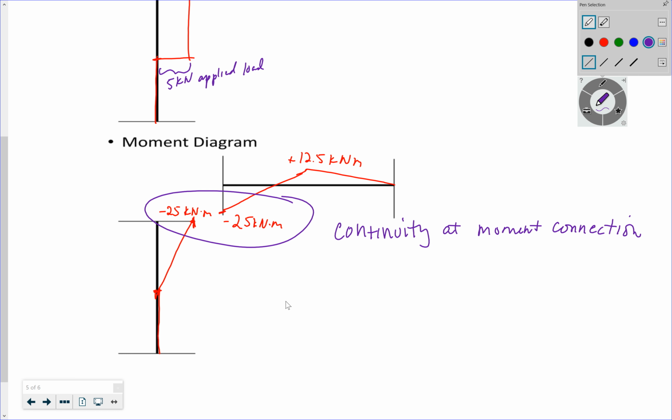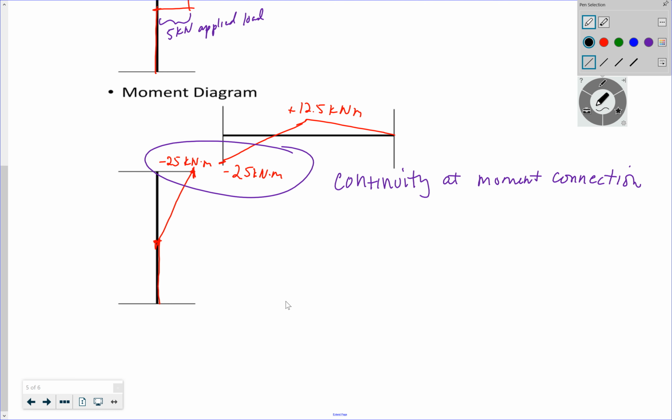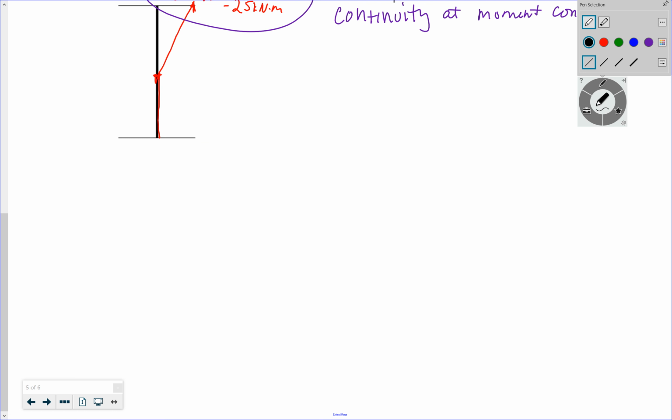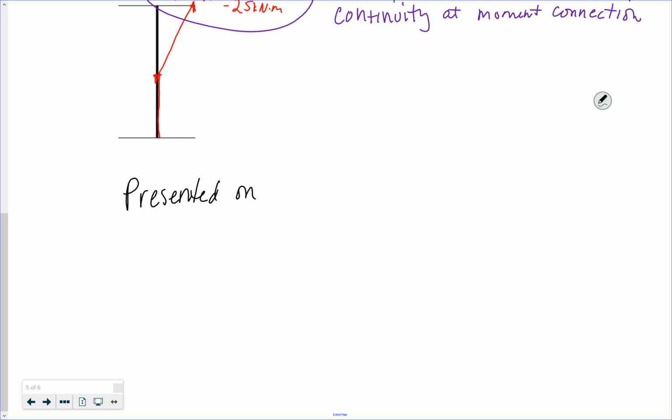If this were presented on structural analysis software, you don't have to draw this if you don't want.